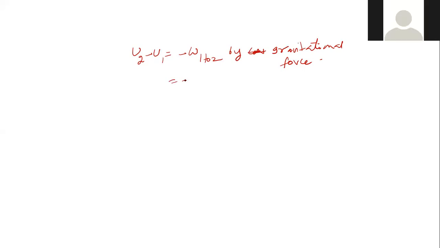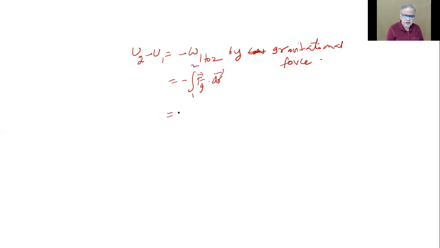Integral F conservative dot dr, yes, F gravitational dot dr from 1 to 2. Can I write this F gravitational as test mass m0 into E?